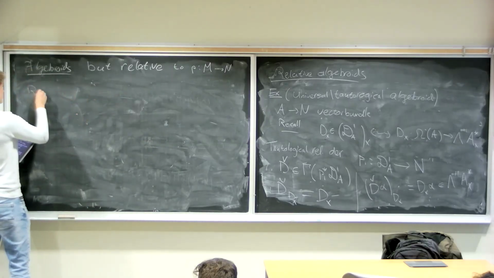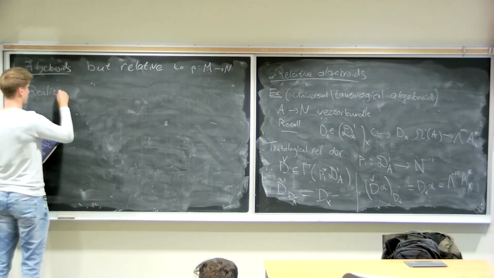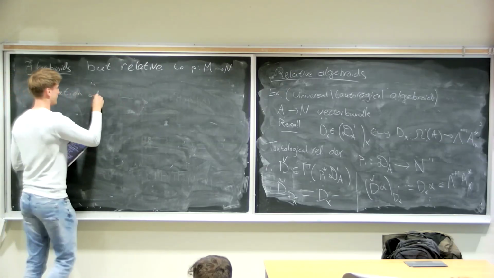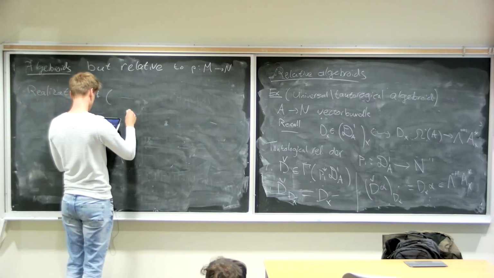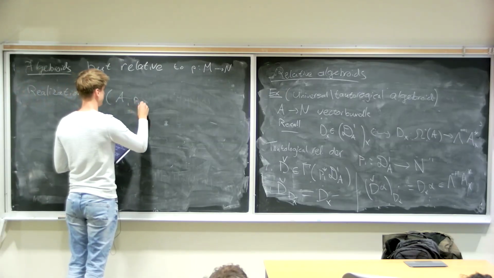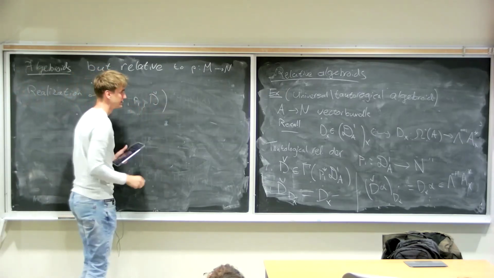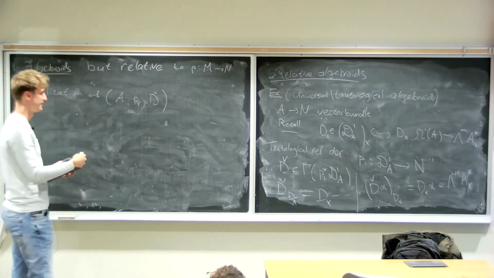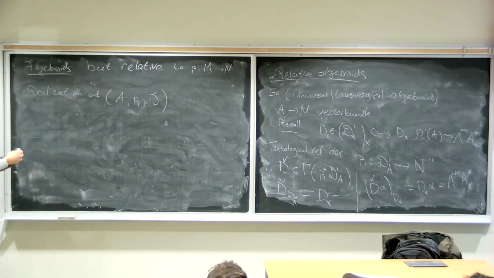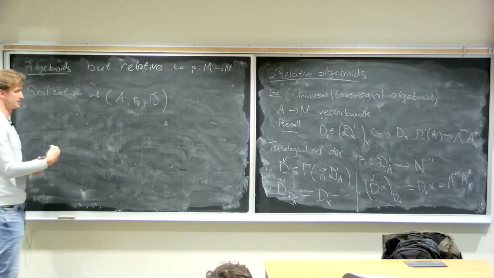So a realization of A, P1, P check. What's the realization of this relative algebroid?